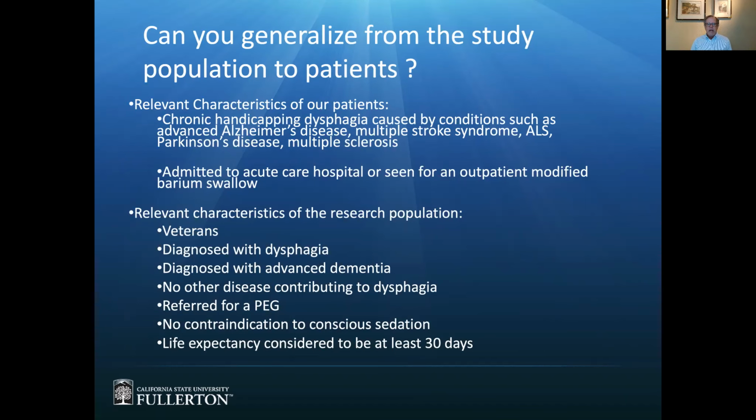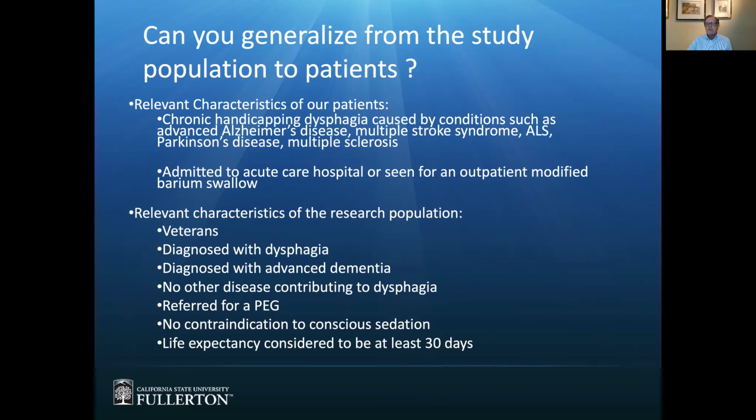The next bulleted item shows the characteristics of the patients in the study. They were all veterans. They were all diagnosed with dysphagia. They were all diagnosed with advanced dementia. And I should say, by the way, that many of these patients that we would see in an acute hospital setting or an outpatient setting, I'm going to say more than half, do have dementia.